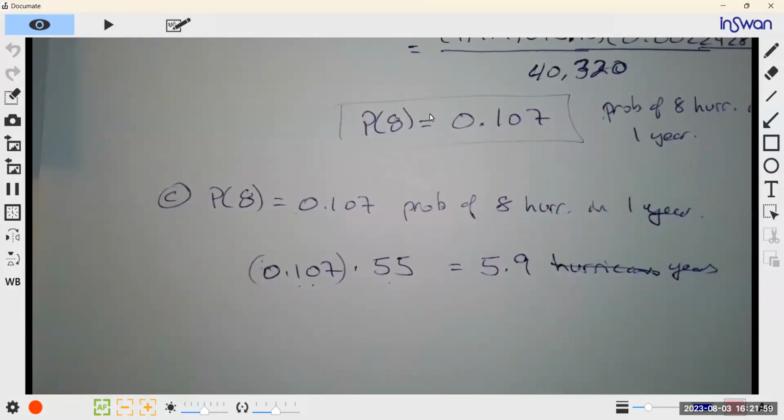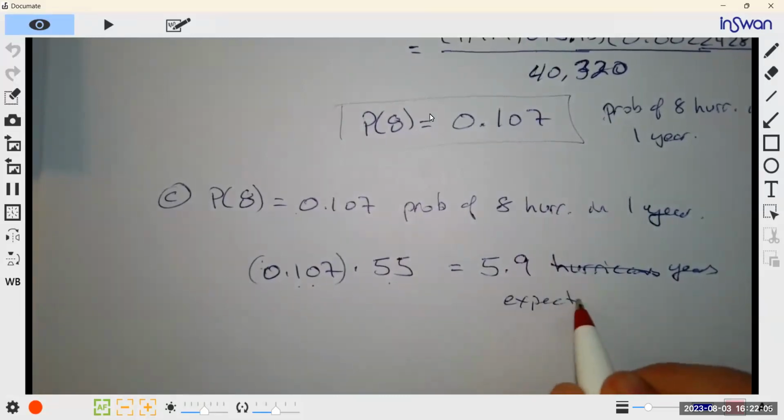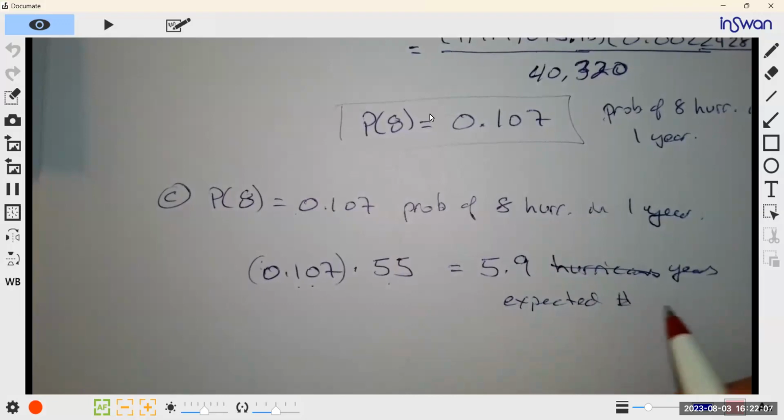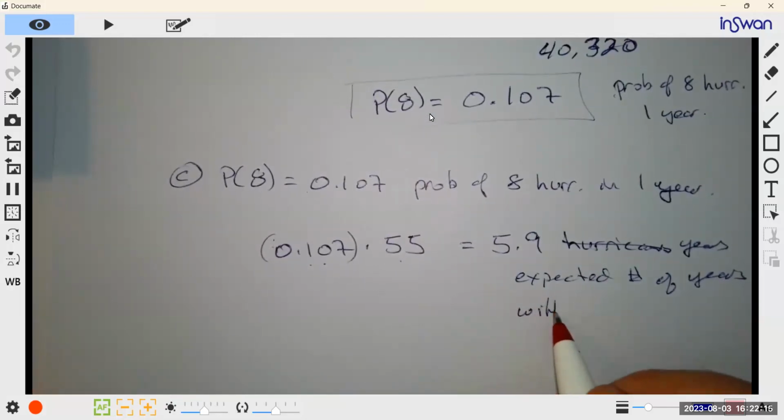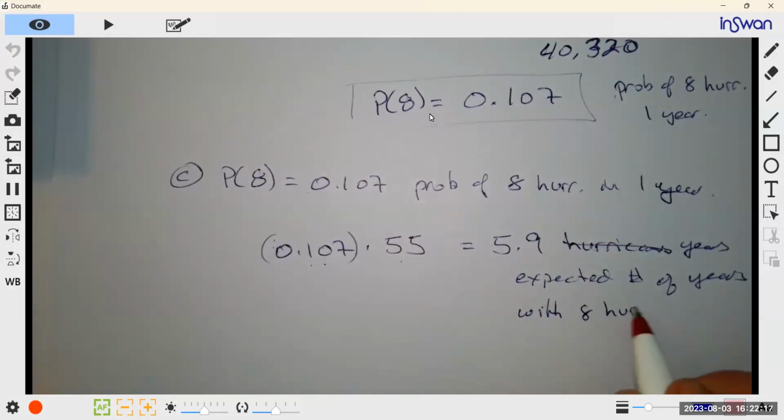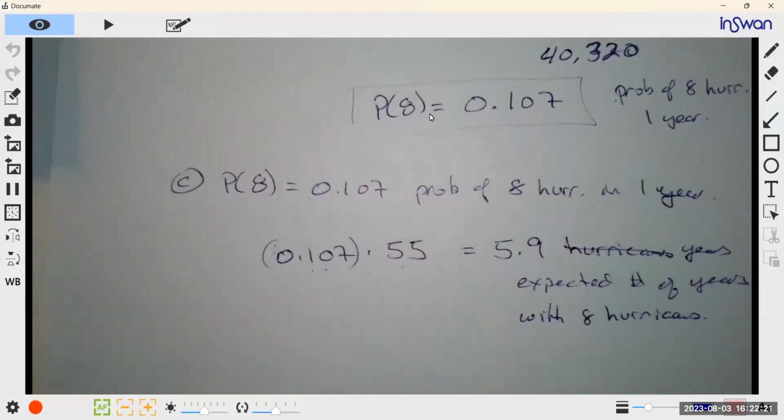The expected number of years with 8 hurricanes is close to 5.